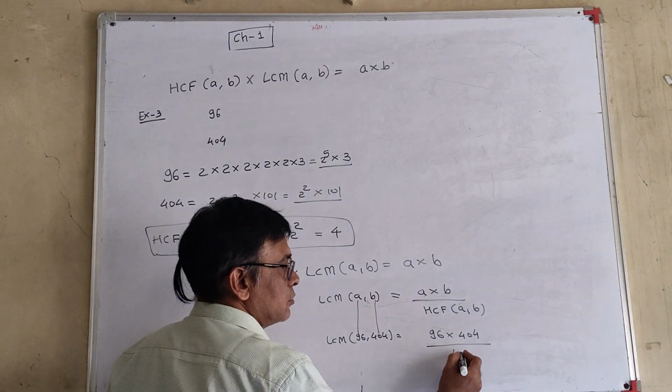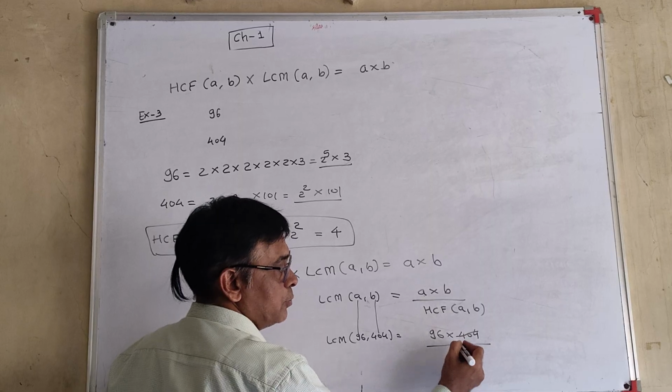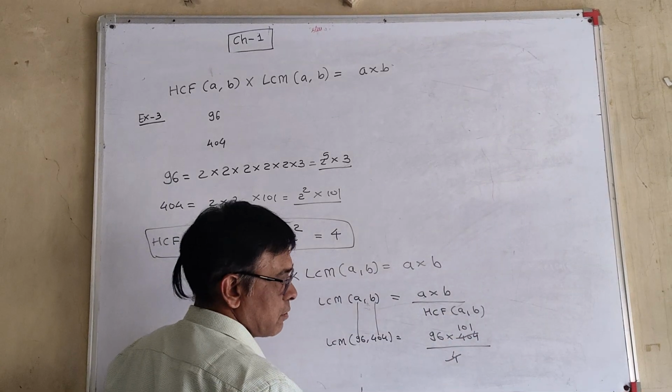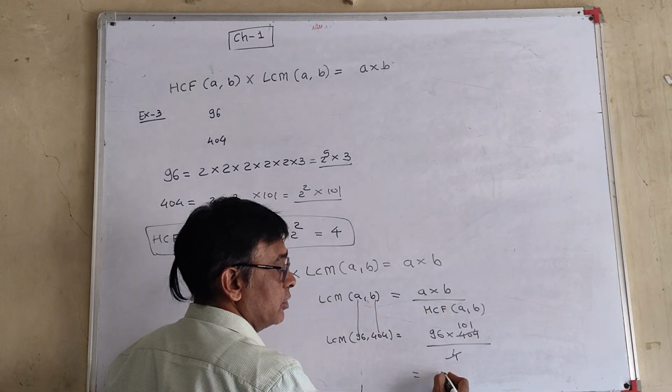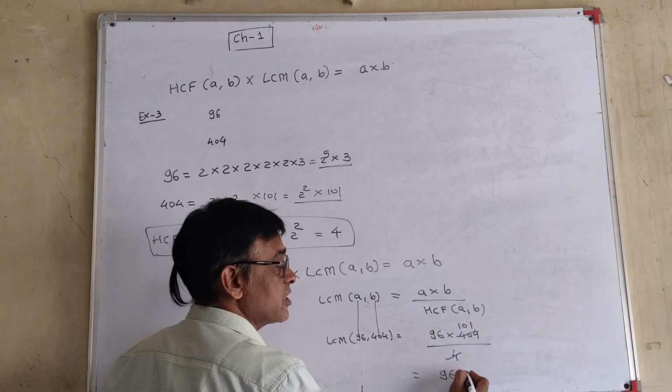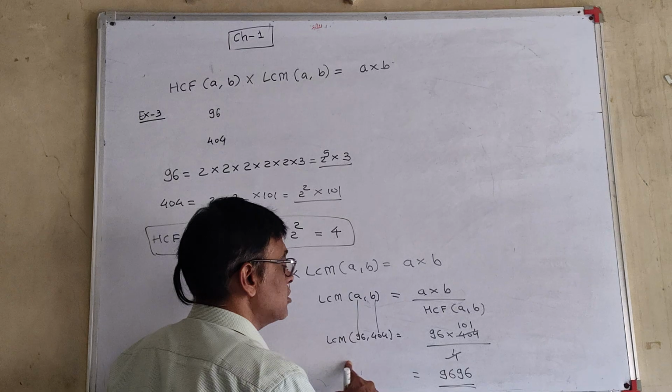Done. So now cut 404 by 4, it is 101. Now 96 multiplied by 101, you will get 9696. So this is the LCM of these two.